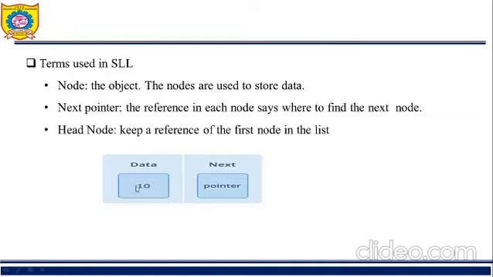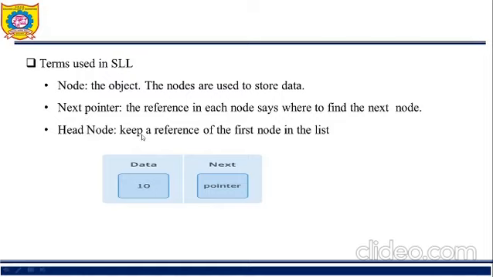Now, the pictorial representation of a node: this is called a node. One part is data and the second part is the pointer or link. The terms used in a singly linked list are: node, already known; next pointer, which refers to the next node in the list; and head.